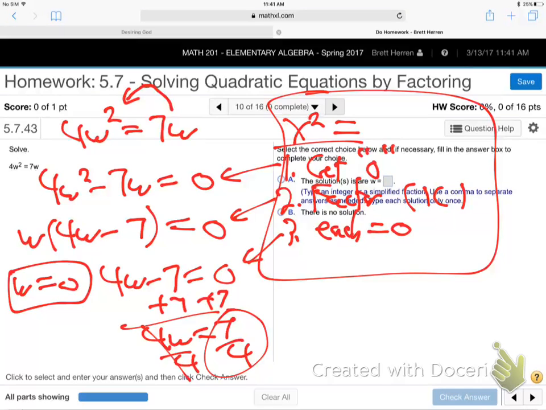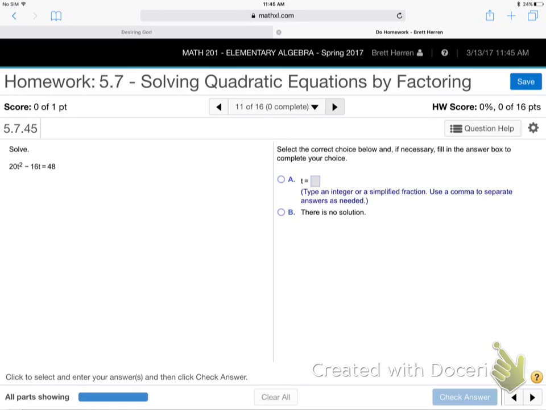All right. It's a little harder factoring now. Okay, so we have 20x squared minus 16x equals 48. You know the game plan. You see x squared with an equal sign. What do we do? Get a 0. First off, get a 0, then factor.